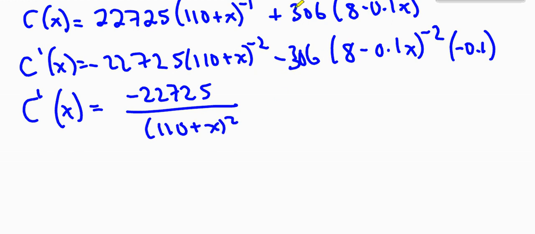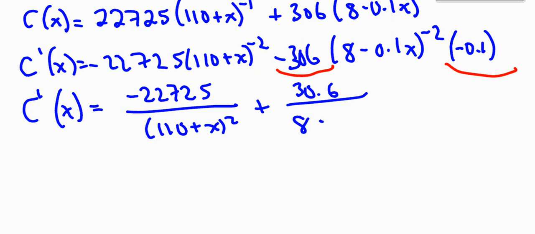And then I'm going to take this number times this number, because they're both just multiplied together. That, of course, is protected by the exponent, so I can't include that. So -306 times -0.1 is positive 30.6. And of course, the negative exponent means I'm going to rewrite this in the denominator with a positive exponent. So that's the derivative of the cost function.